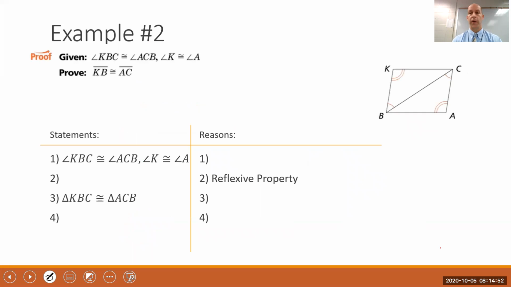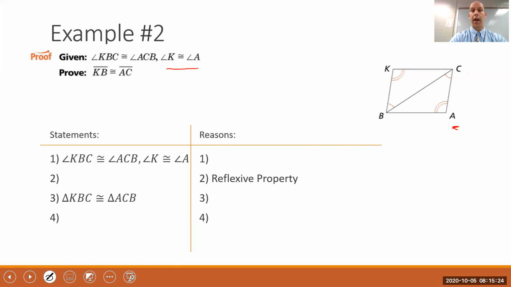All right, let's look at a proof. So let's say that I know that angle KBC, that's this angle with just one arc, and angle ACB, those two angles are congruent.